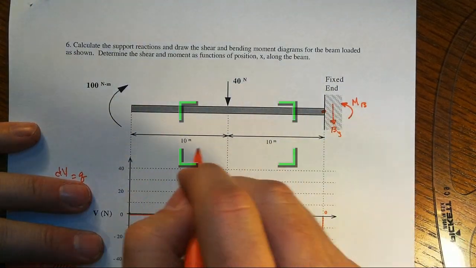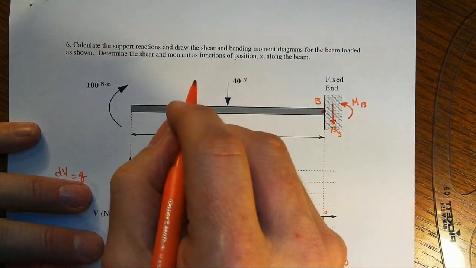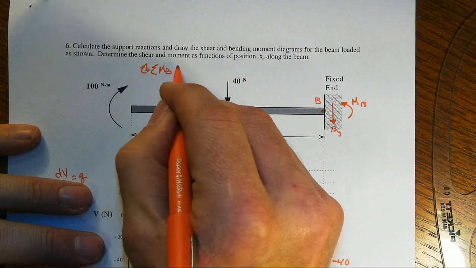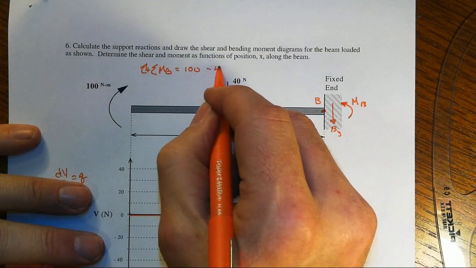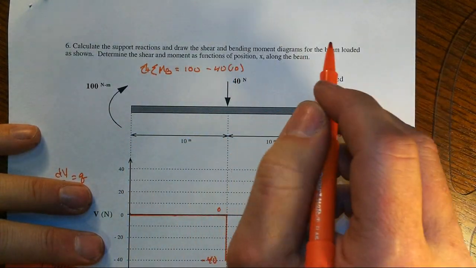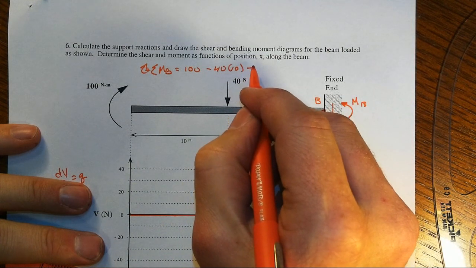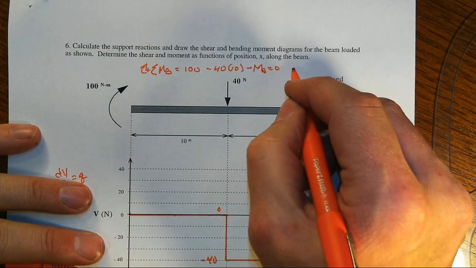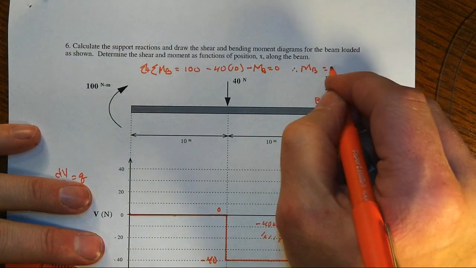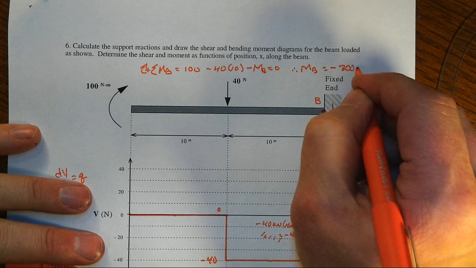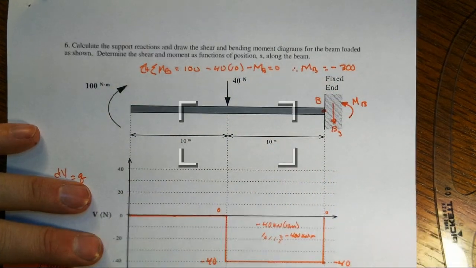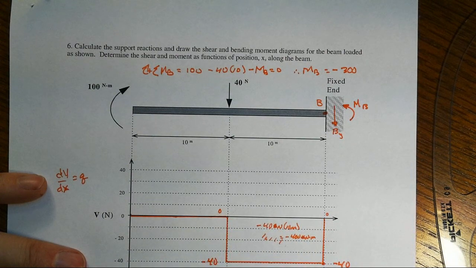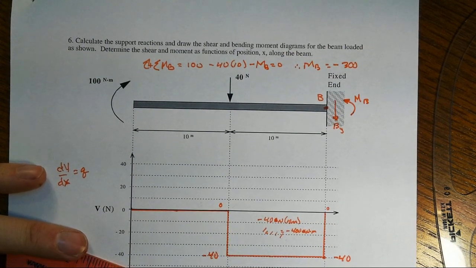And if we were to sum moments about that point that I'm calling B, we would have a positive 100 minus 40 times 10, minus M sub B equals 0, and therefore M sub B would be equal to minus 300 in kilonewton meter, or not kilonewtons, but rather newton meters. Got that wrong down here, didn't I? Right, and sure enough, that's what we got.